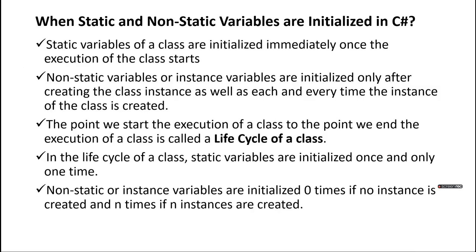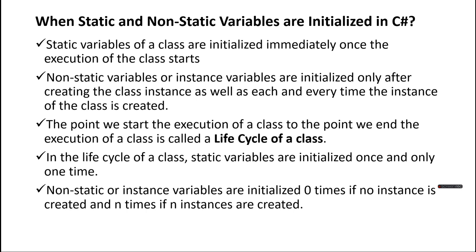When are static and non-static variables initialized in C#? Static variables of a class are initialized immediately once the execution of the class starts. Non-static or instance variables are initialized only after creating the class instance, as well as each and every time the instance of the class is created. The point we start the execution of a class to the point we end the execution of a class is called the life cycle of a class.